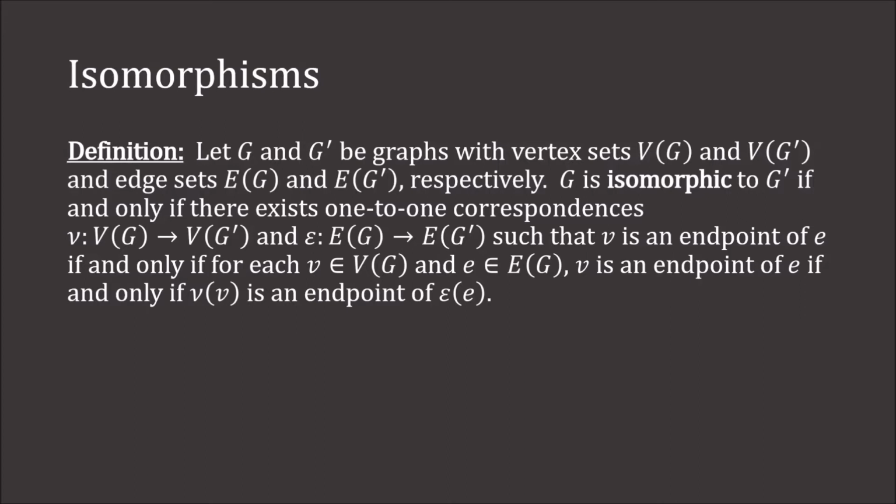We say that G is isomorphic to G prime if and only if there exist one-to-one correspondences, nu, the Greek letter nu, a function from V of G to V of G prime, and epsilon, the Greek letter epsilon, a function from E of G to E of G prime, such that for each V in V of G and E in E of G, V is an endpoint of E if and only if nu of V is an endpoint of epsilon of E.